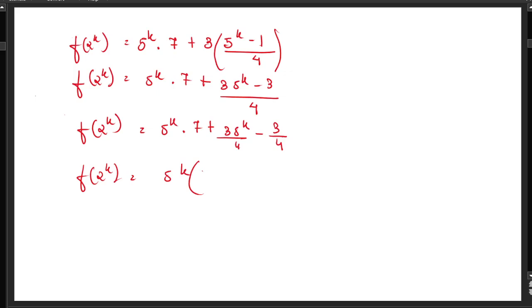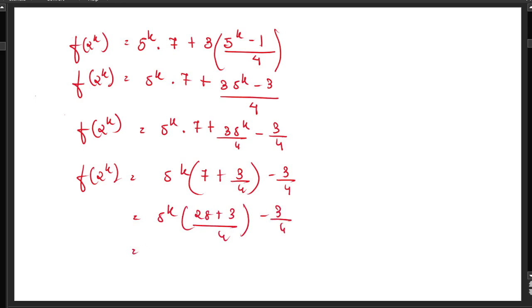5^k common taken, 7 will be there and 3 by 4 will be there, minus 3 by 4, like this. Now this is 5^k, 7 4s are 28 plus 3 by 4 minus 3 by 4, and this will be 5^k, which, if we do the addition of this, will be 31 by 4 minus 3 by 4.